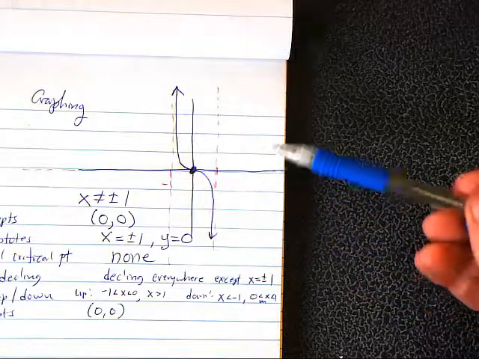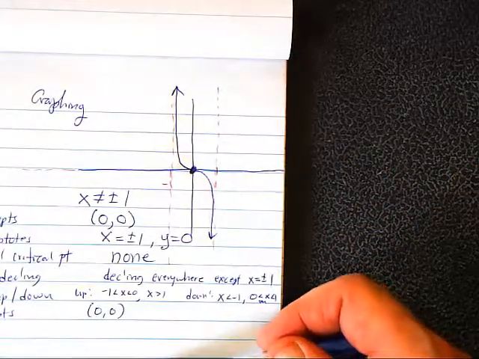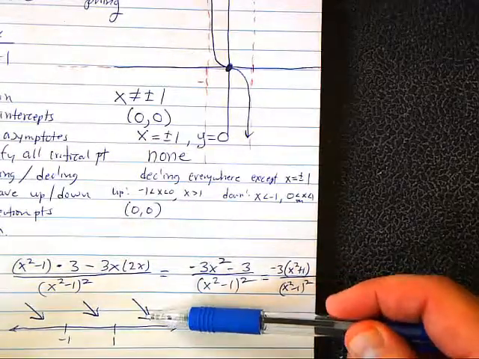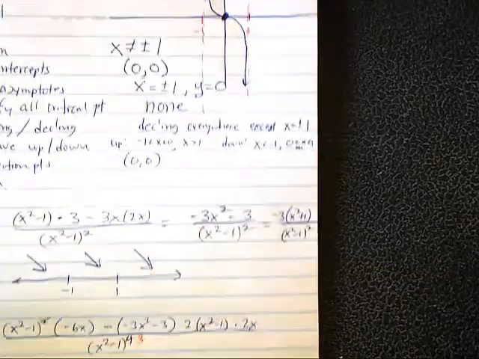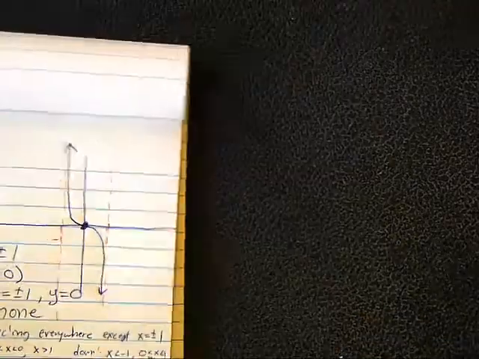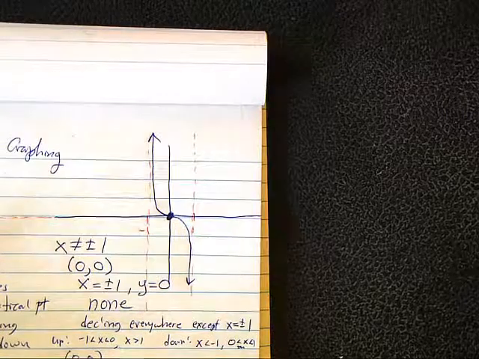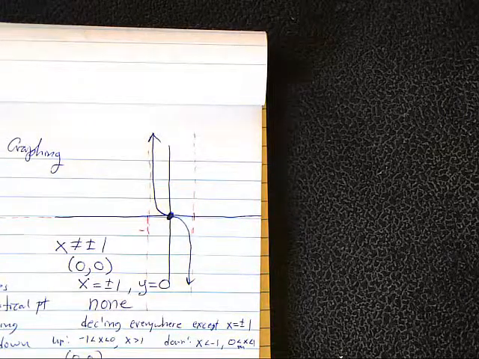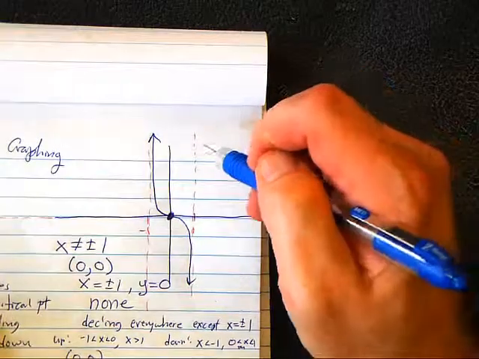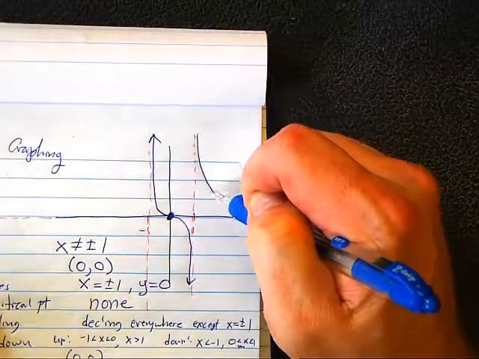What happens when x is bigger than 1? It's still decreasing according to my derivative chart, but it's got to be concave up according to my second derivative chart. So how can the function be decreasing and concave up at the same time? It's got to get close to the asymptotes and be like that.